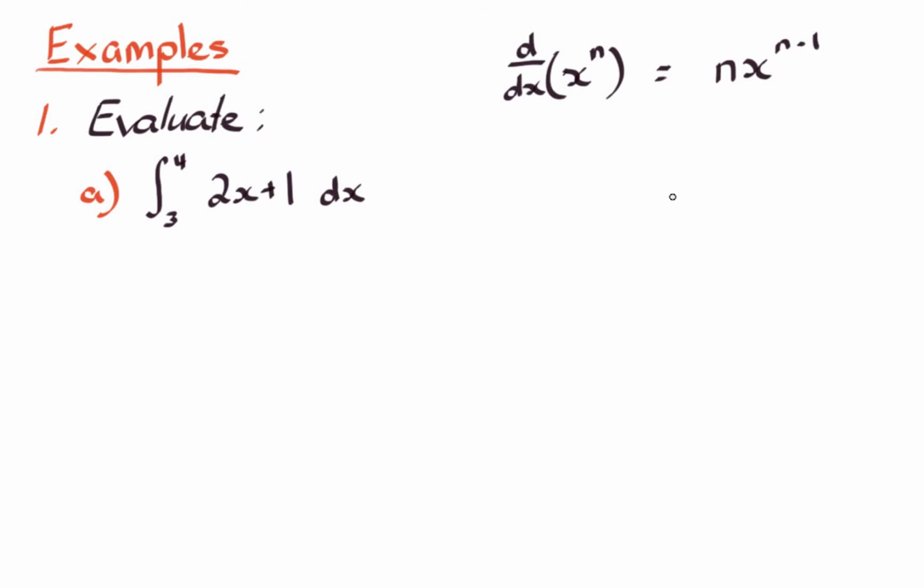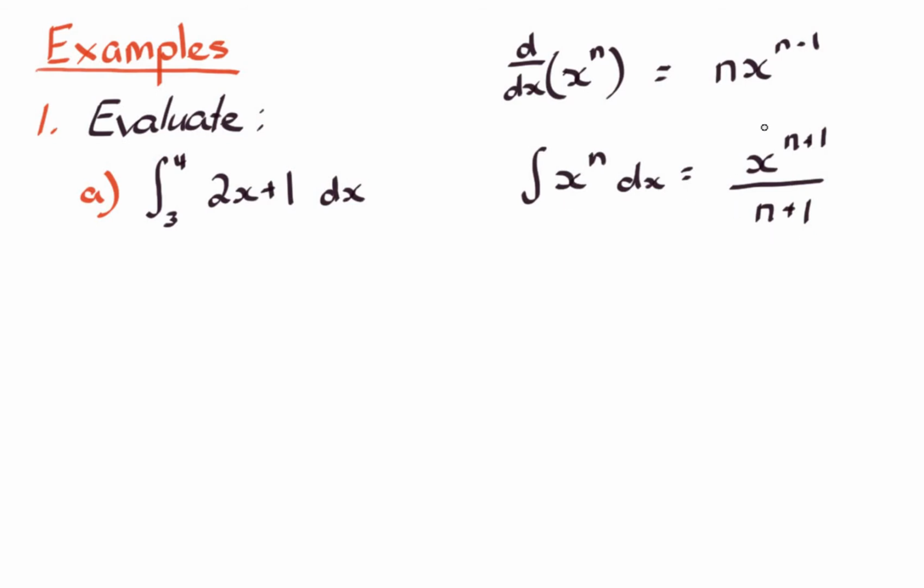So if we are going to go the opposite way, and integrate some x to the n with respect to x, then we need to add 1 to the power and then put it over that power. And it can always help when you do an integral to just differentiate your answer and see if you get back to what you started with.